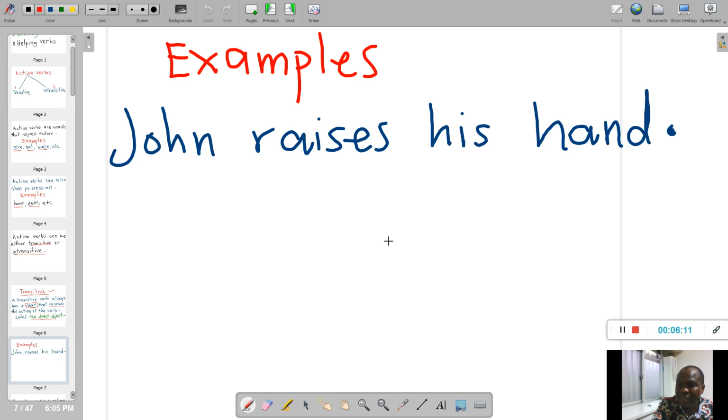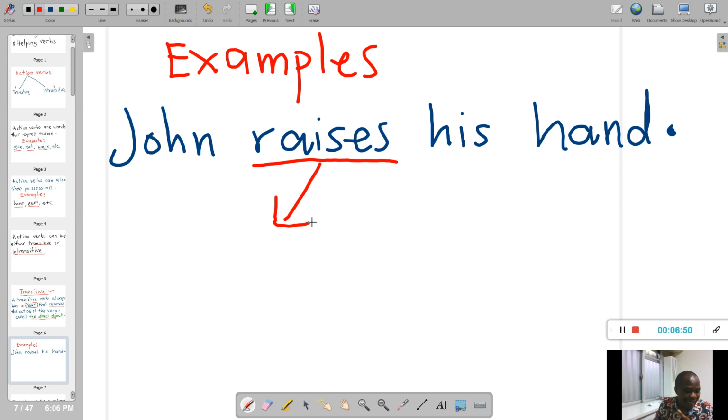Let's have a look at an example. John raises his hand. The noun is John, and the verb is raises. I've underlined it. What I want you to understand is that in John raises his hand, his hand is the object receiving the verb action.